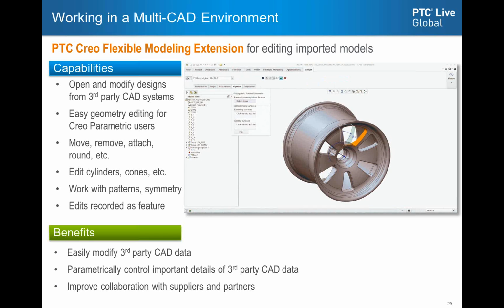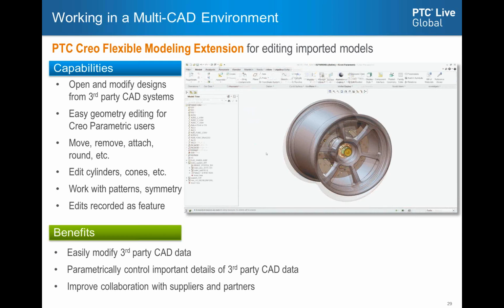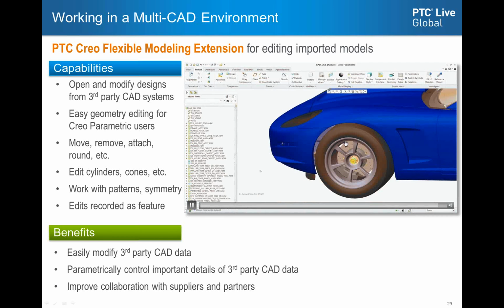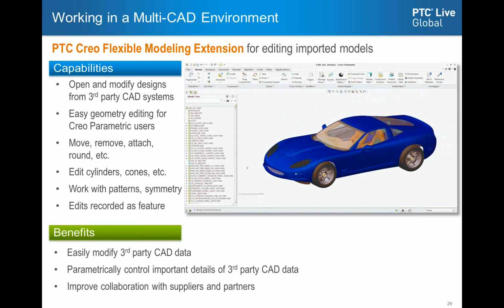Then I again can use the move capability to move one of those surfaces and rotate it around and propagate that change to all the spokes. So very quickly, based upon imported data, again in this case from NX, I've been able to bring that data in, recognize a pattern in it, make geometric changes to it, and alter its size and shape, etc. All seamlessly inside Creo Parametric.